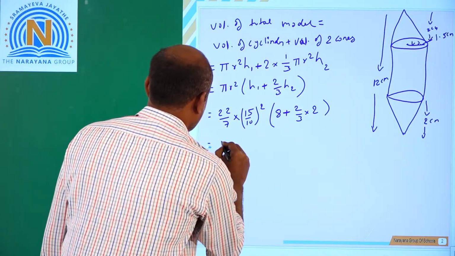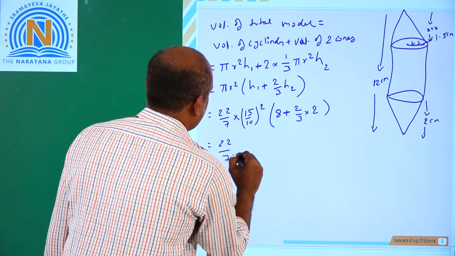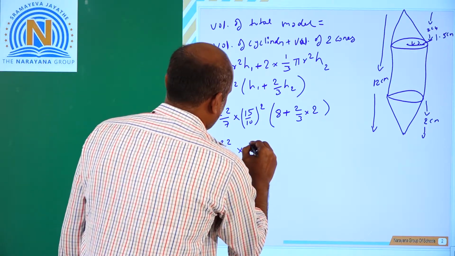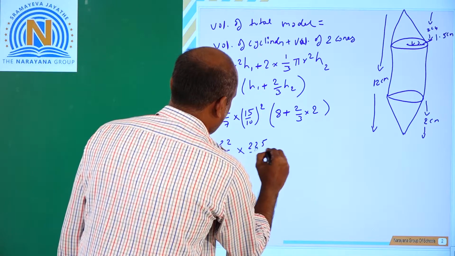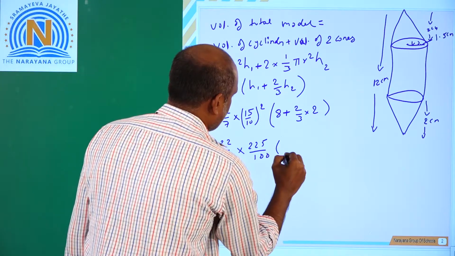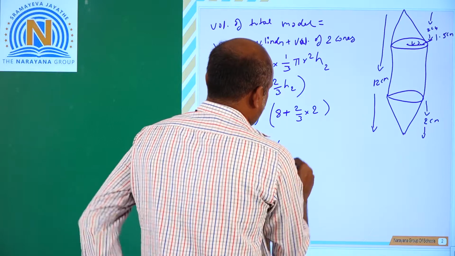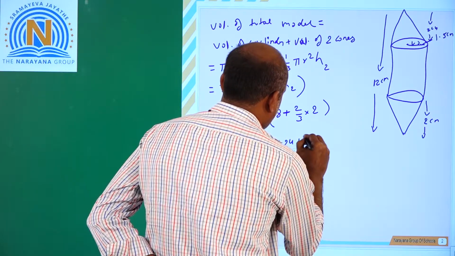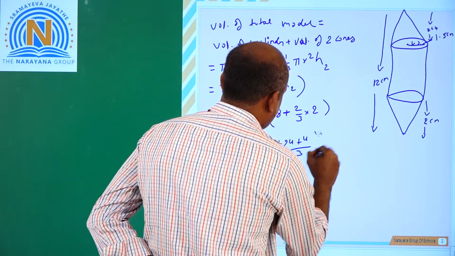That is equal to 22/7 into 225/100 into, taking LCM 3, 24 plus 4/3.